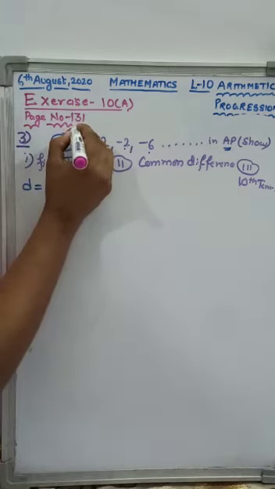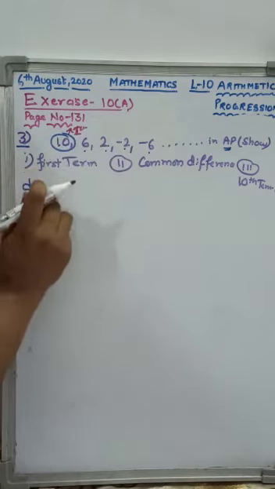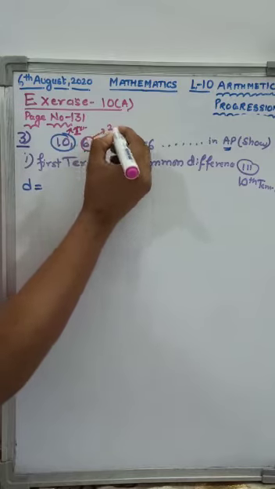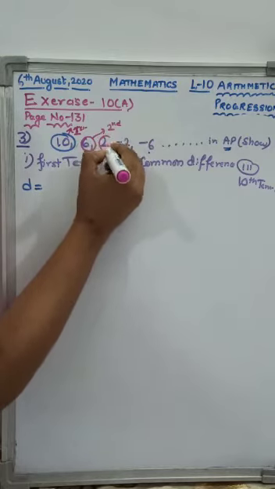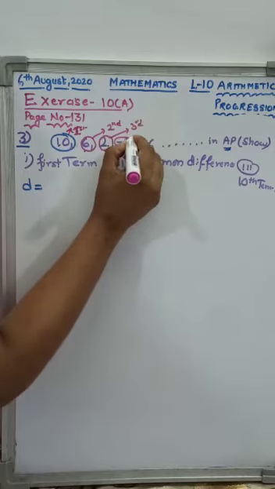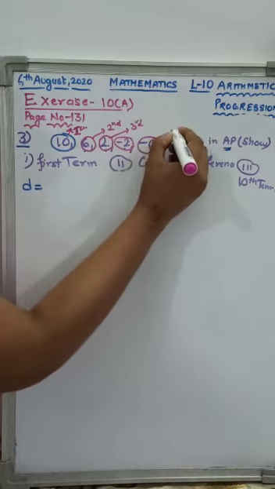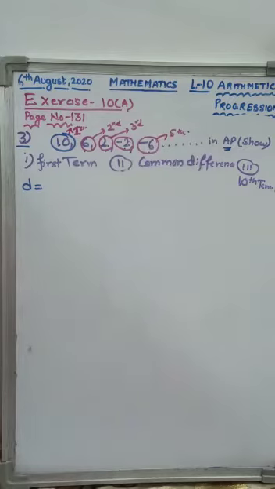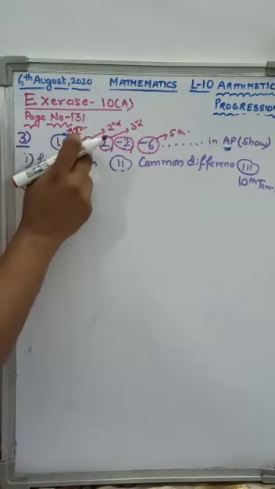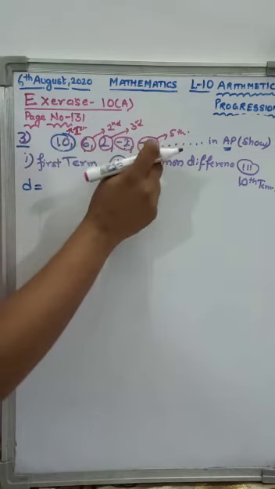First term, first number, पहला term, second term, third term, fourth term, fifth term. Clear? So I have told you फर्स्ट नंबर, पहला नंबर, दूसरा, तीसरा, चौथा, पांचवा.